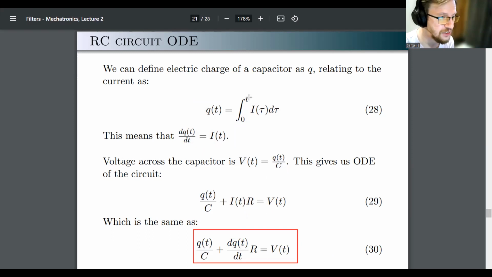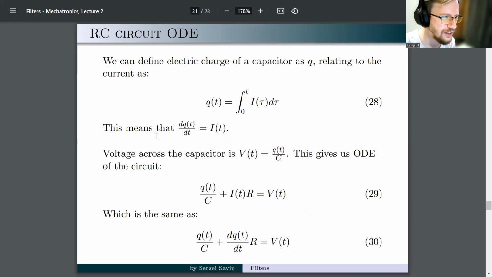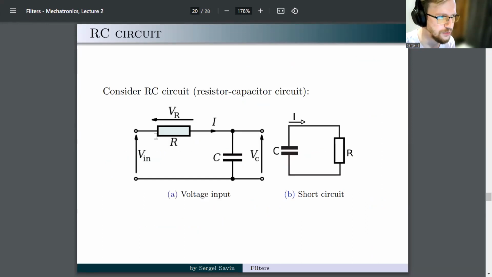The coefficient in front of the first order derivative is R. The coefficient in front of the zero order derivative is 1 over C. The right-hand side has no coefficient. It's just V of t. Now let us look at the equation for the RL circuit.